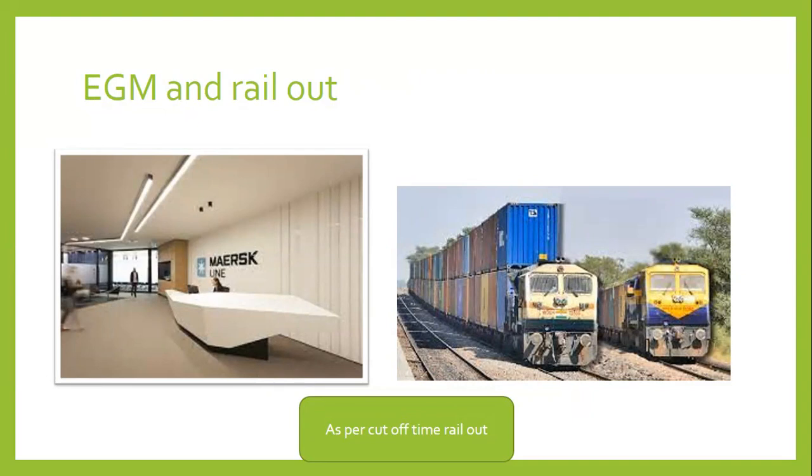The shipment is kept in the yard, and further activities are needed to collect the container for the next movement. Once the shipment IGM is filed by the carrier, the shipment will move from the ICD.